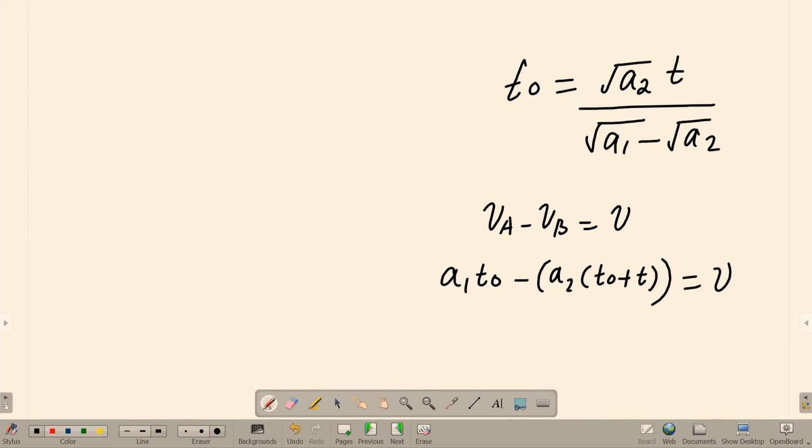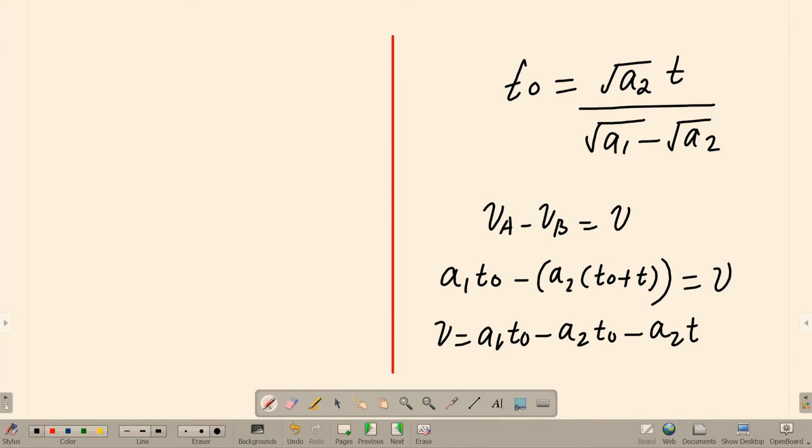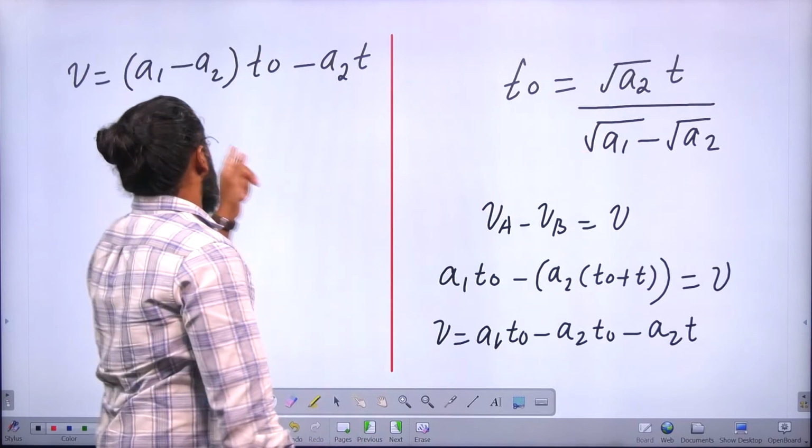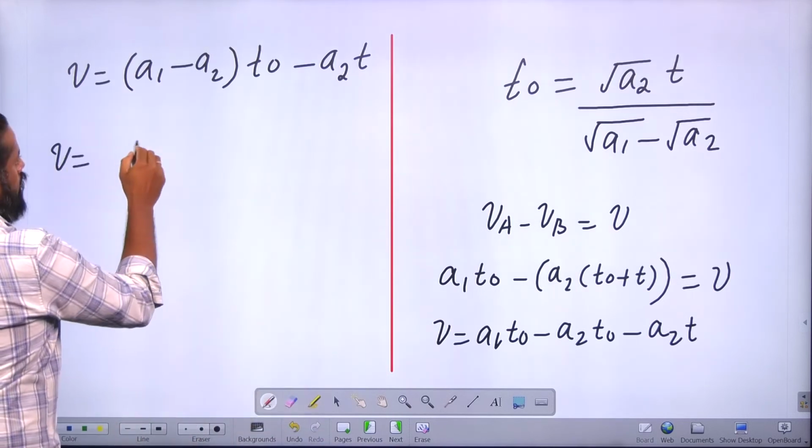Now we can open this bracket. So v is going to be equal to a1 t0 minus a2 t0 minus a2 t. Now we can take a1 minus a2 common, so rearranging, v is equal to a1 minus a2 multiplied by t0, minus a2 t. t0 we can substitute from the earlier expression.